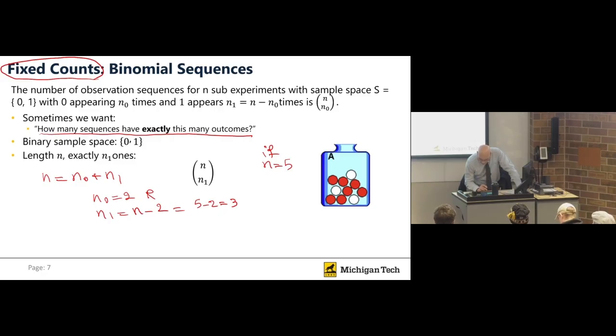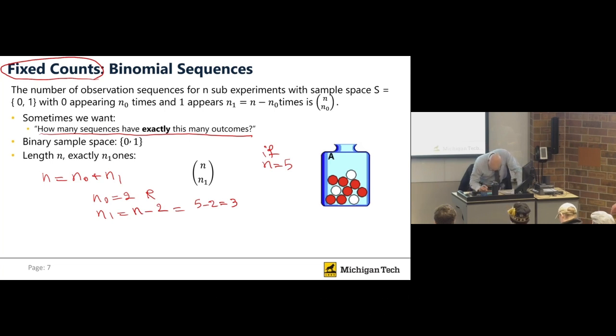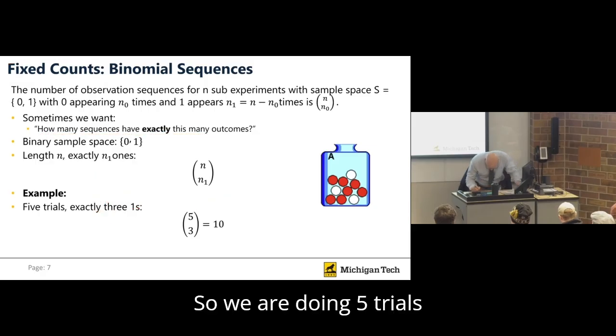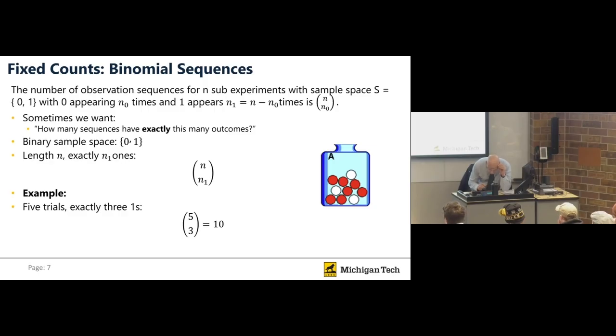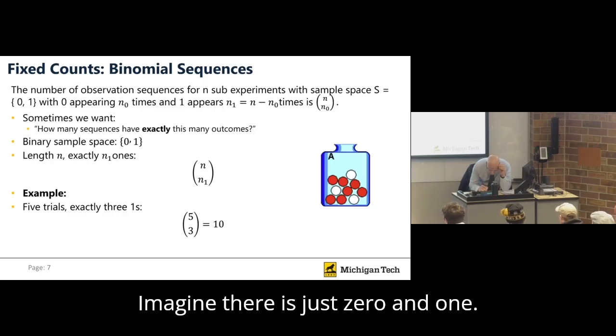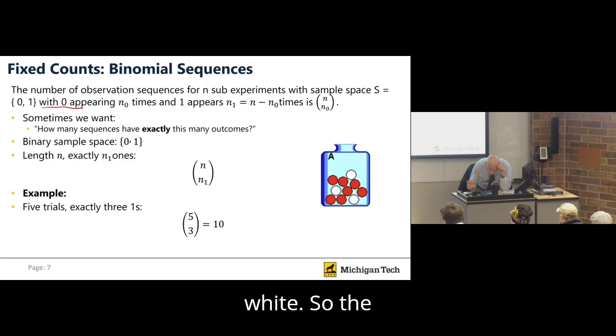Let's have another example. We are doing 5 trials, and 3 of them are 1. Imagine there are just 0 and 1. If it's 0 and 1, it's like red and white.